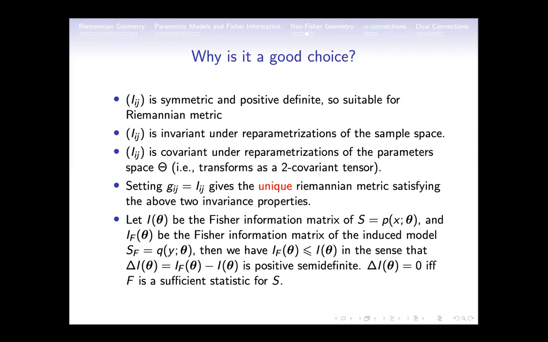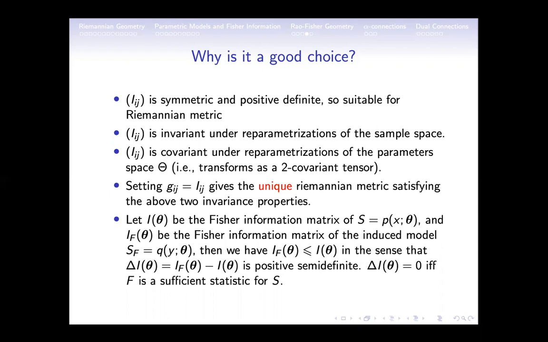He proved this maybe 20 years after Rao's Fisher-Rao metric. To prove that, you need to go into abstract statistical manifolds, which are advanced topics.